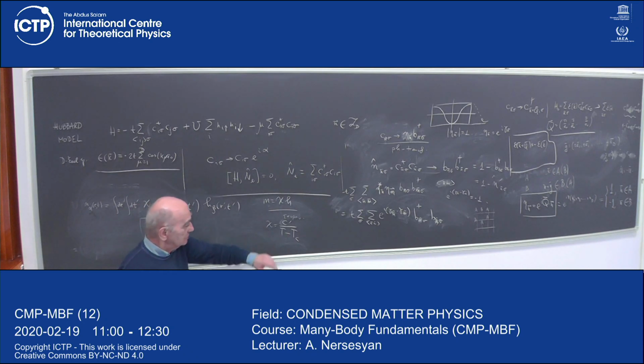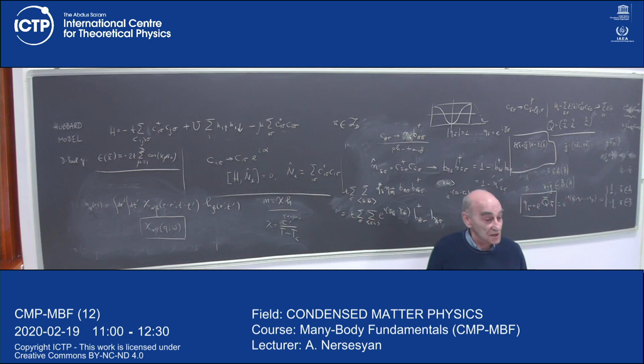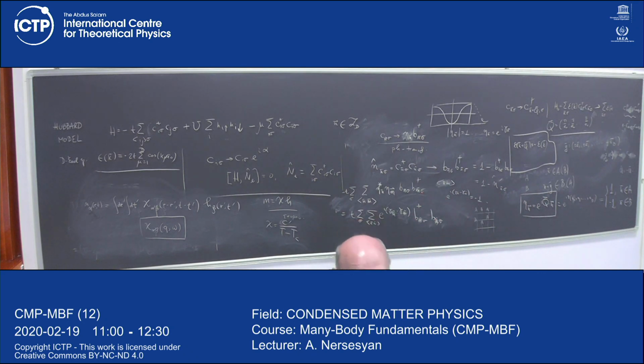So the divergence of the susceptibility always signals the kind of instability. The state you started from, the state with zero magnetization, the paramagnetic state, gets unstable at this point. The system undergoes a phase transition into an ordered state. This is the meaning of diverging susceptibility.